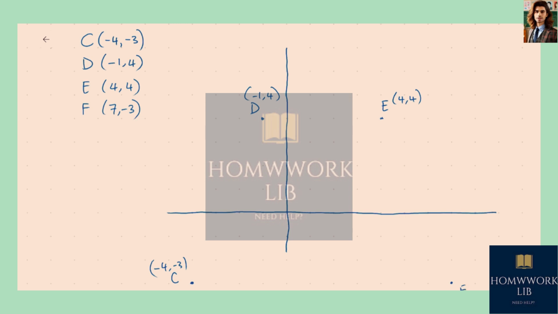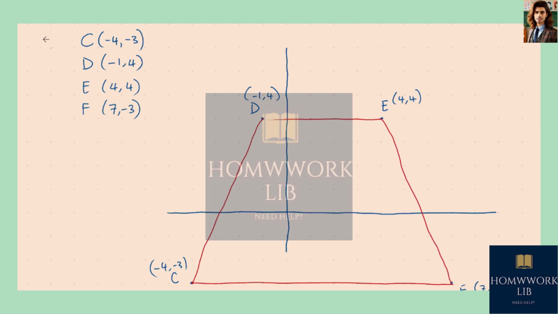That's F. So let's join these points to form the trapezoid. Now, this is a sketch of our trapezoid. This will give us an idea of what we want to do.